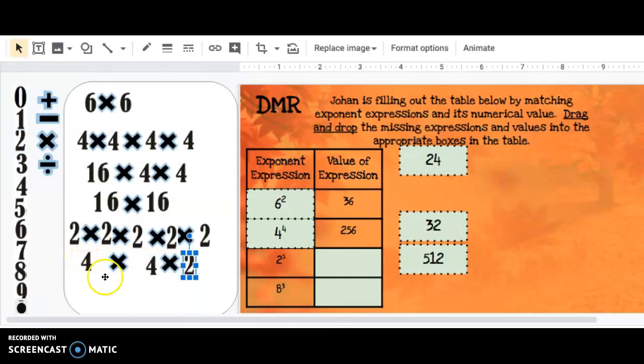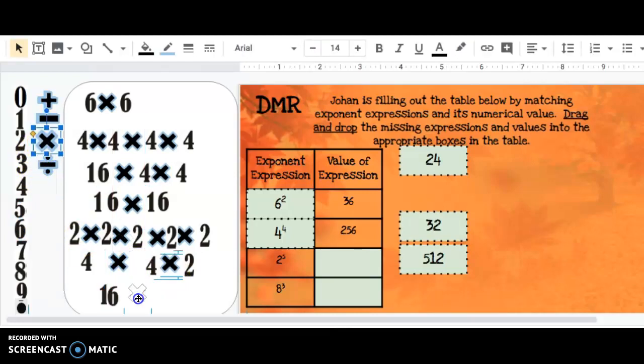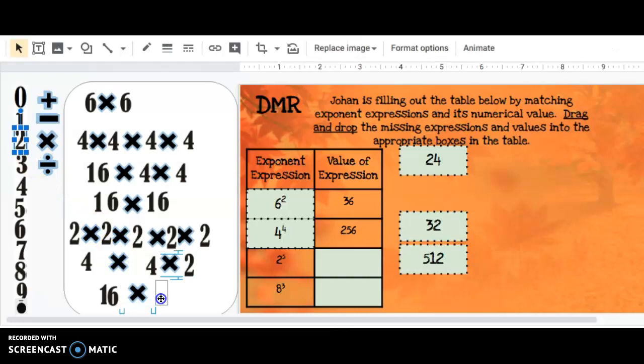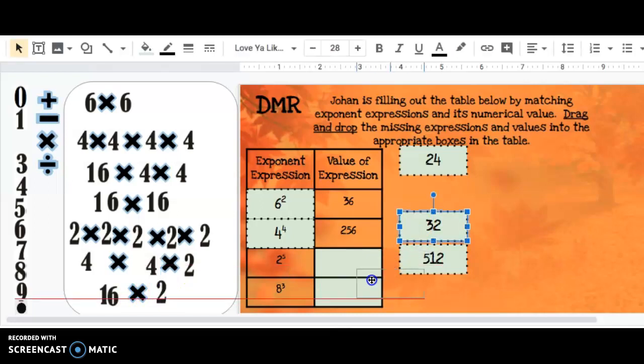So you have 4 times 4 is 16. Then you have to bring that times 2 down again. So you would do times 2. And then 16 times 2 is 32.